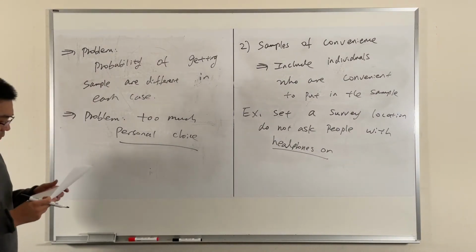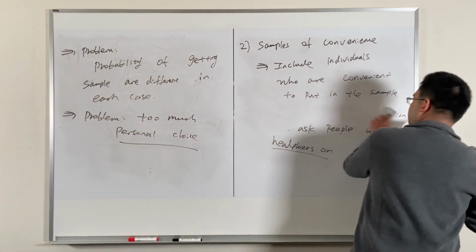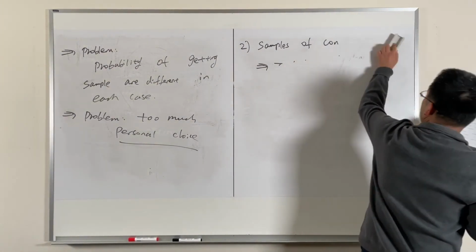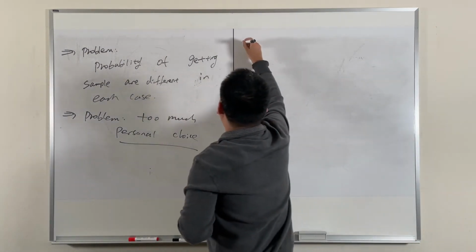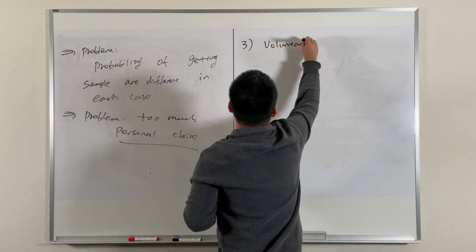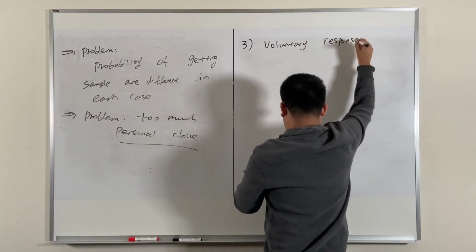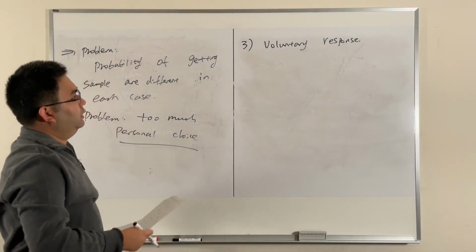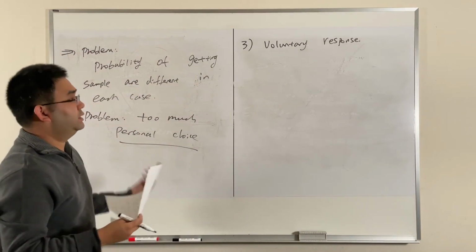Next, the third type is a voluntary response. Voluntary response means people are in our sample because they agree to attend the survey.